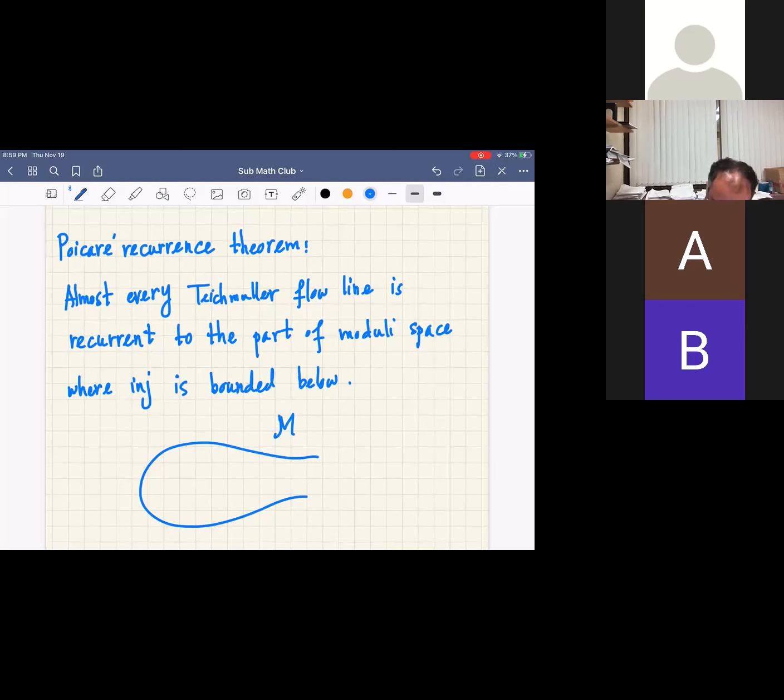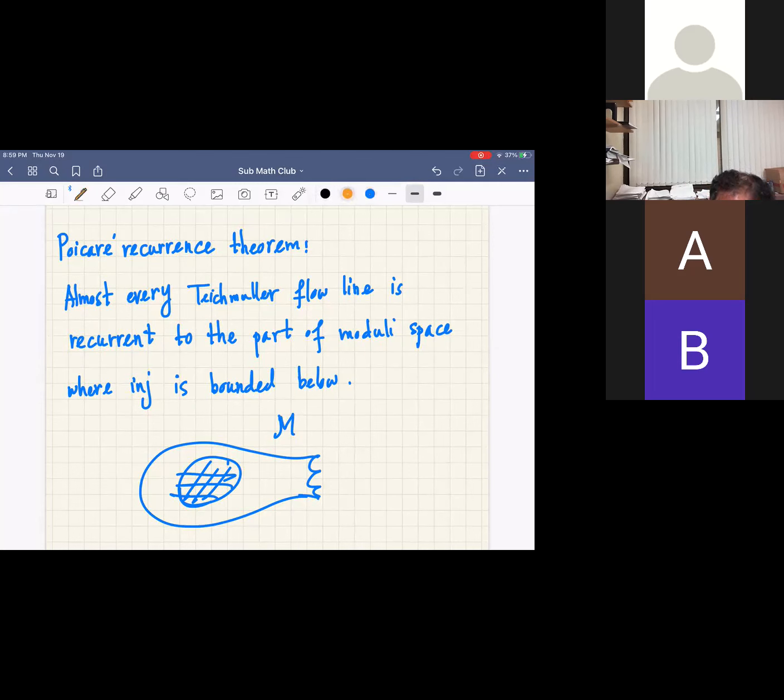Every point here represents a surface. And this part where the injectivity radius is bounded below is going to be a piece of it, which looks like this.